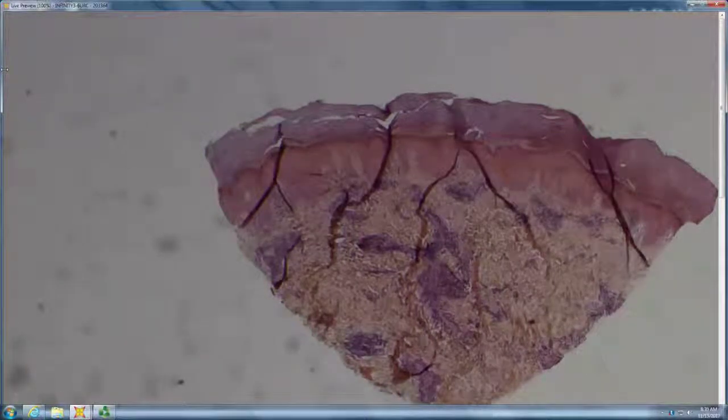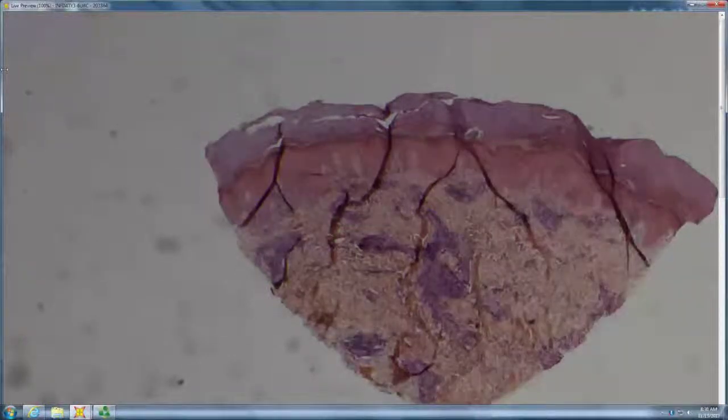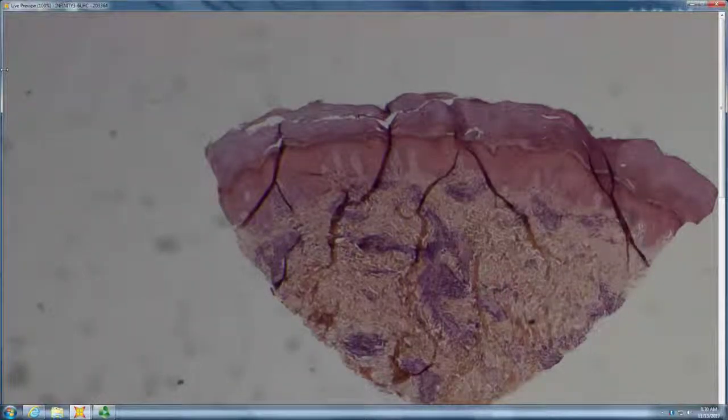Okay. Deeper in the dermis, there's all that hemorrhage, and that may actually be from the biopsy in this case. Okay. But you'd wonder about a non-inflammatory purpura. But what else do you have superficially here?